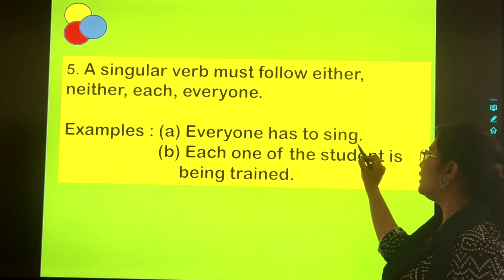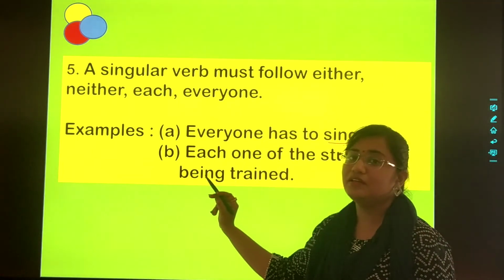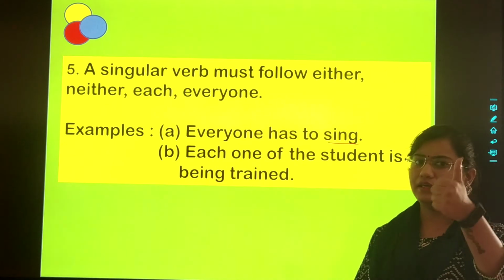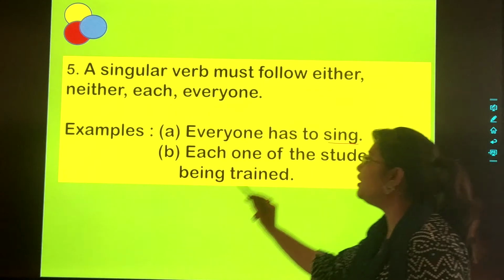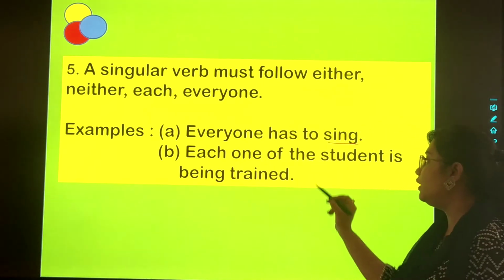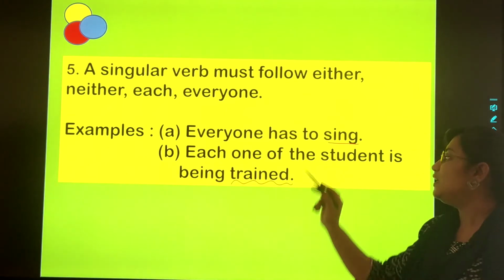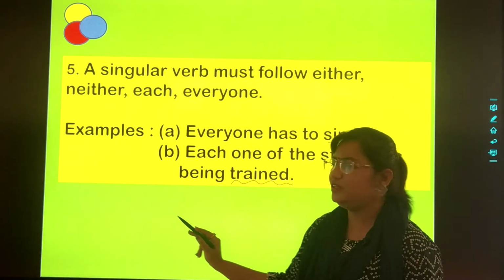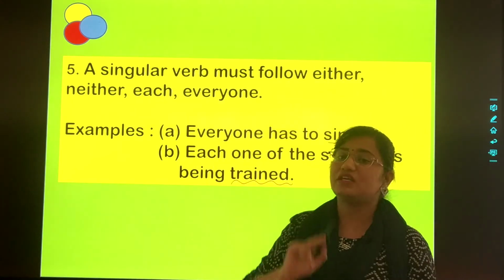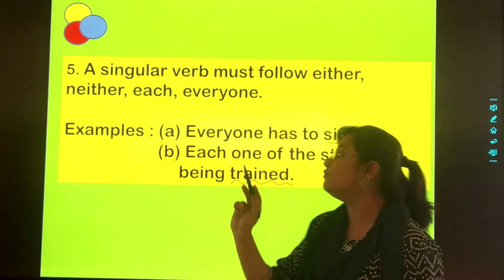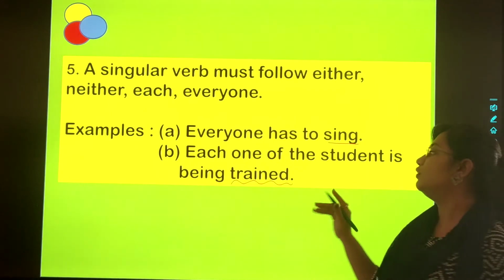Over here, sing is the singular verb and it follows everyone. Clear? Next, each one of the students is being trained. Over here, the verb is trained and it begins with each. Is it clear? So whenever you are using a singular verb, it will always start with either, neither, each, everyone.